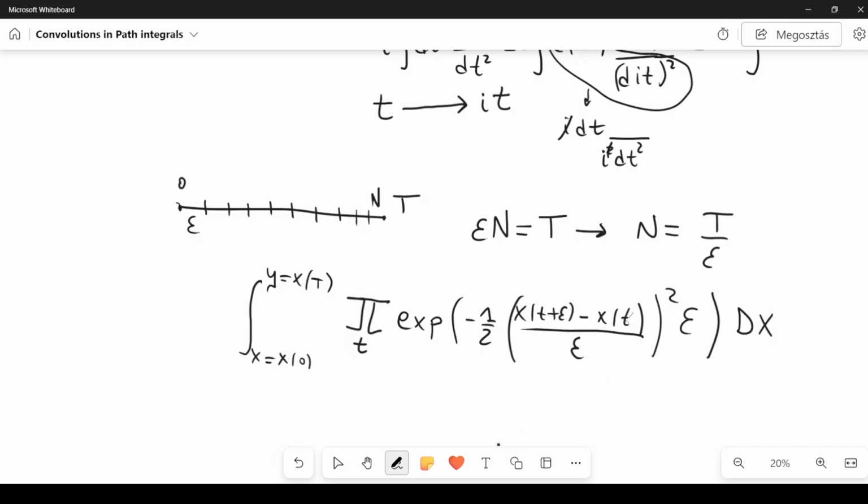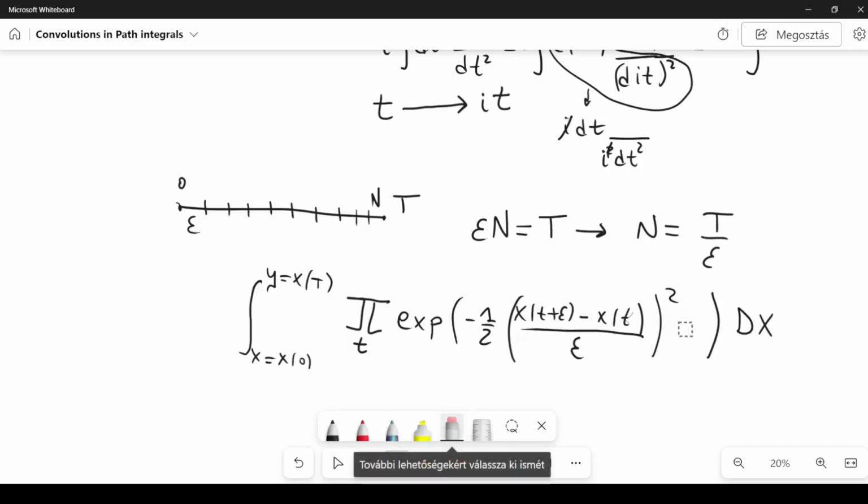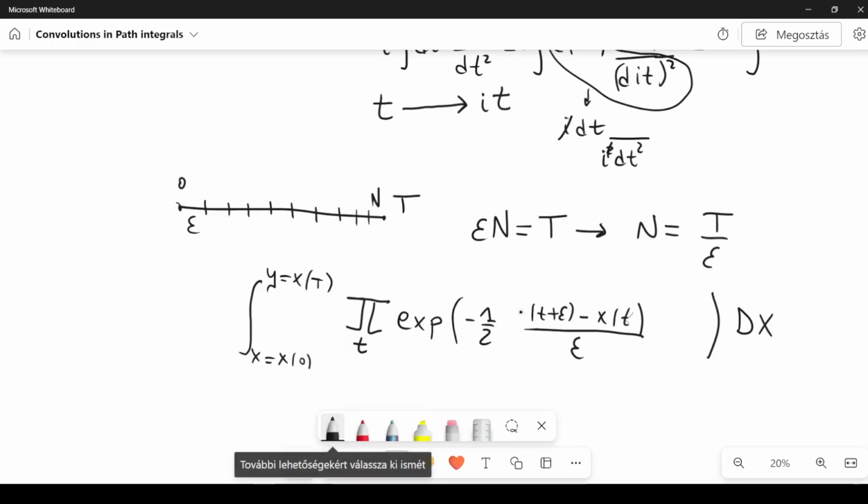Now, this can also be written like this. We can simplify this epsilon with one of the epsilons in the denominator. So we have something like this, only the numerator is squared. And remember that epsilon represents the time slice, so it's basically some kind of differential of time, which is the small increment in the time variable.